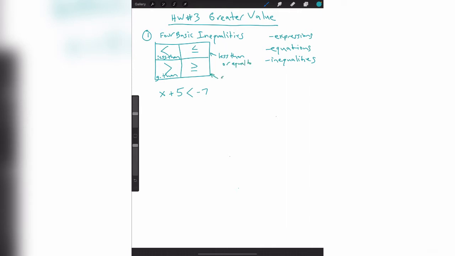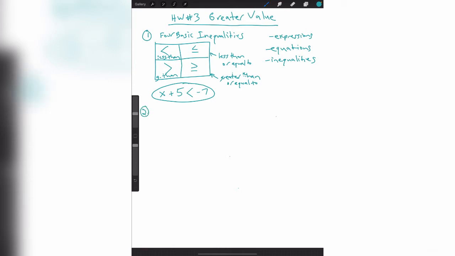And this one right here is greater than or equal to. There are random lines that keep shooting out there, that's not good. All right, so greater than or equal to. So in this case, this reads x plus 5 is less than -7. Okay, so that would be my answer for number 1.